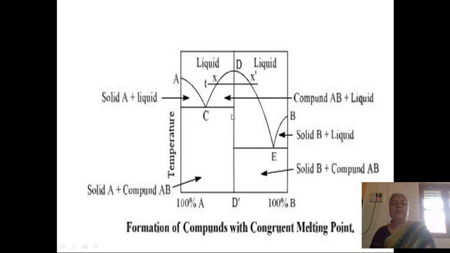And the combination of these two eutectic systems is the phase diagram of a two component system in which formation of compounds with congruent melting point takes place.